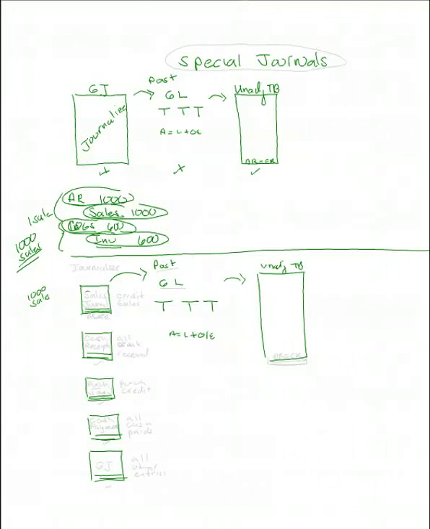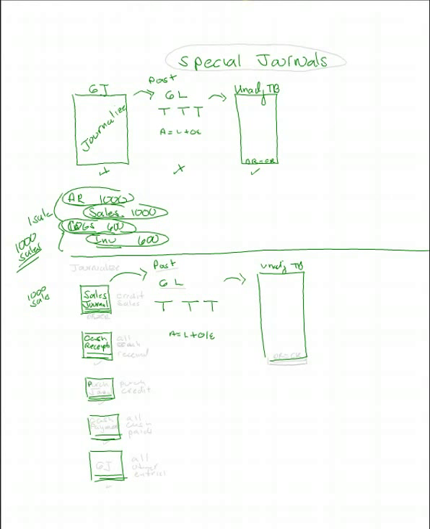We have 5 journals. One is called a sales journal, where you record credit sales. Another is called a cash receipts journal, where you record all cash received.